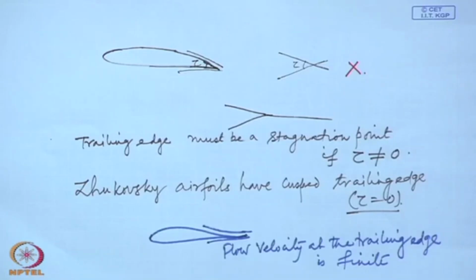Sometimes it may be 0, but it need not be 0 in general, it can be any finite value. So, this is the implication of the Kutta condition, that the flow must leave the trailing edge smoothly. Essentially that translates to this: if the airfoil has a sharp trailing edge, then the trailing edge must be a stagnation point, but if the trailing edge is cusped, with trailing edge angle zero, then the trailing edge need not be a stagnation point, but the velocity at the trailing edge must be a finite value.